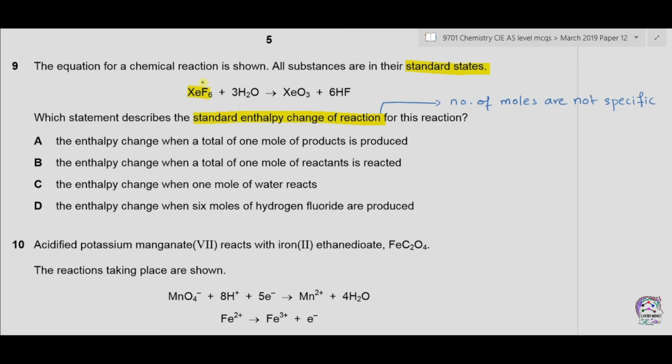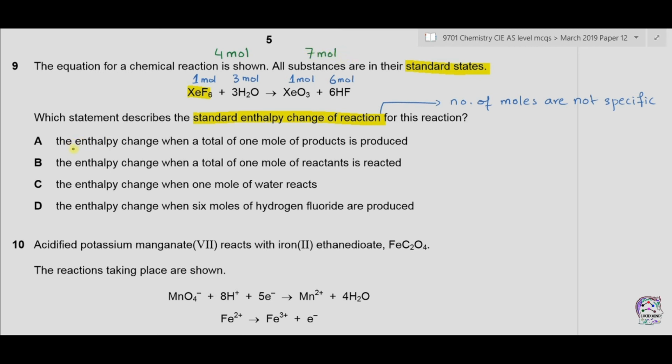So in this equation we can see that we have 1 mole of xenon hexafluoride which reacts with 3 moles of water to form 1 mole of xenon trioxide and 6 moles of HF. So we have 4 moles in total of the reactants and 7 moles of product.